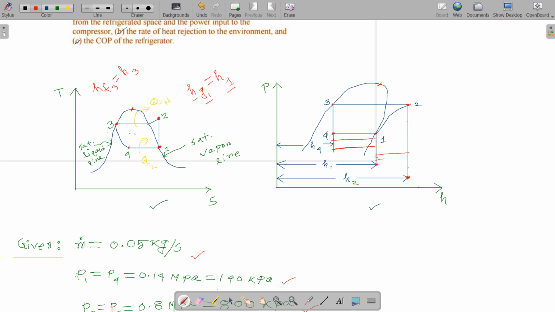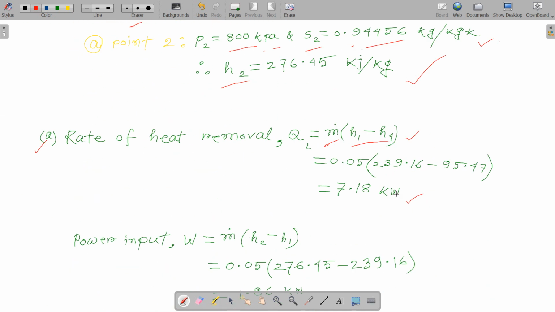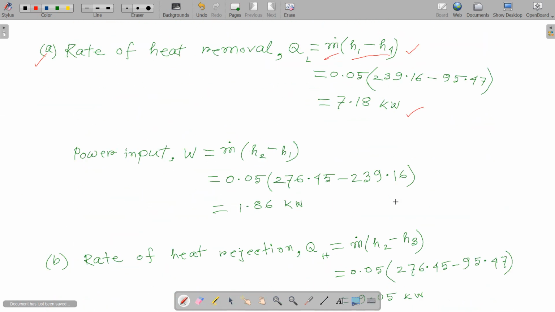What is this distance? This distance is H2 minus H1, right? H2 minus H1 multiplied by mass flow rate. So we found this 1.86 kilowatt.